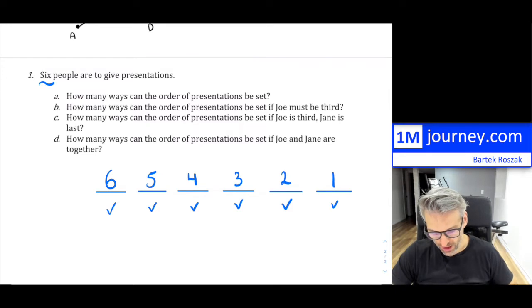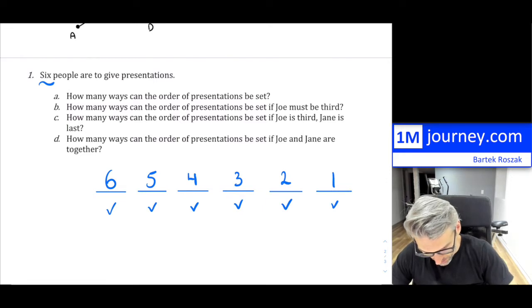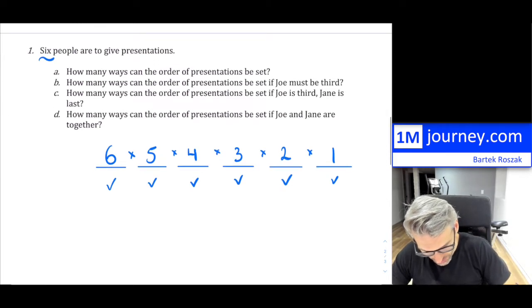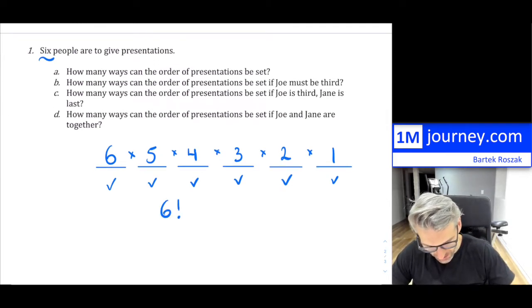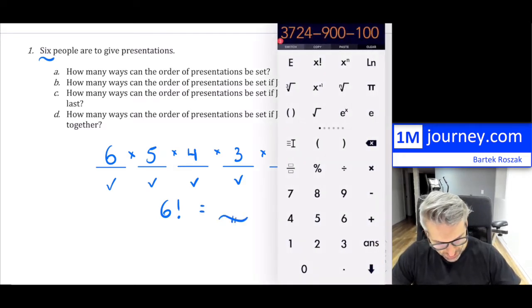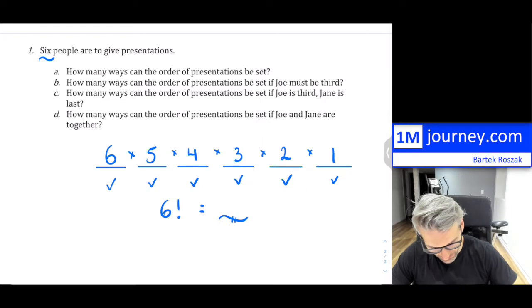And if you want to know how many different orders there are, we use the multiplicative principle, so we're going to be multiplying these through. And as you know, this is nothing else but simply 6 factorial. We can get that answer by applying it through, or just doing it directly, so that would have been 720.